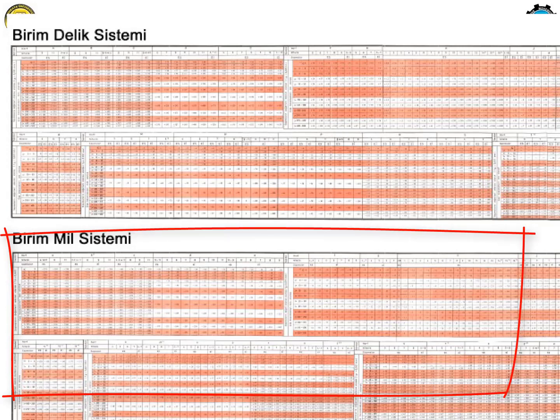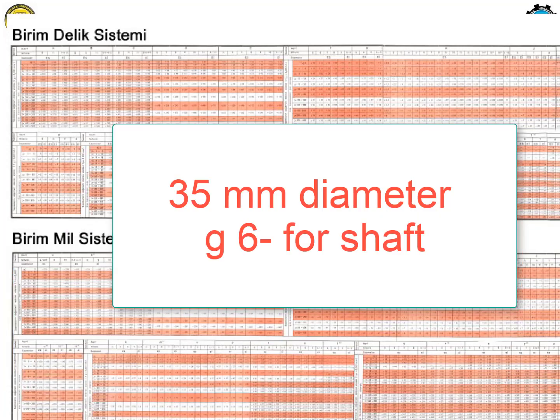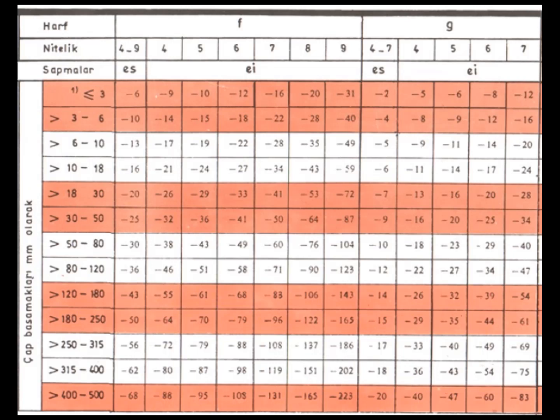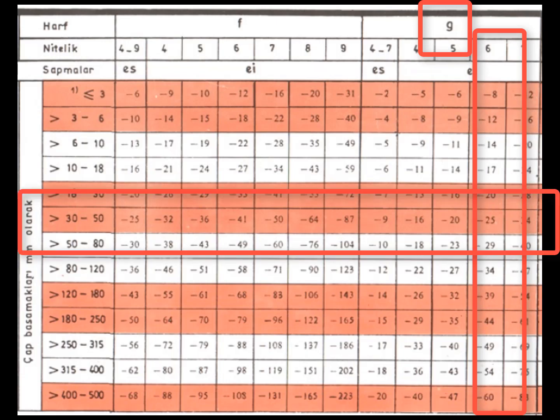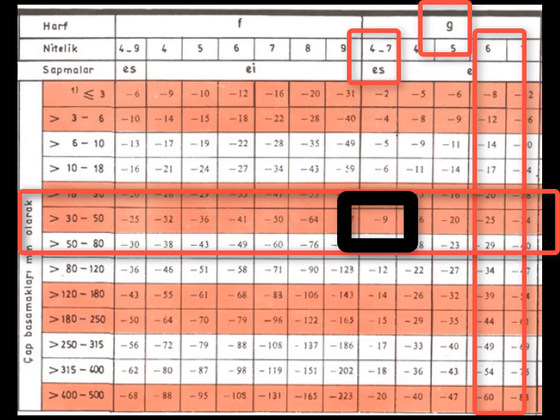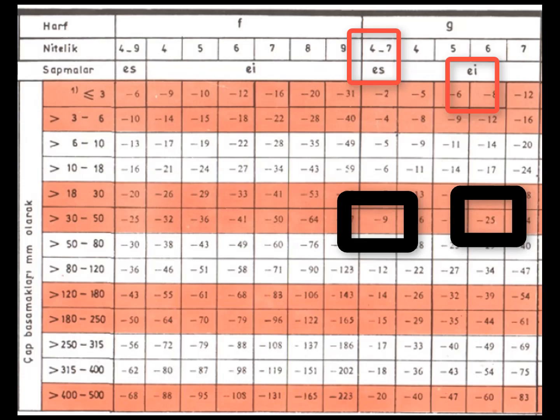Similarly, for the shaft dimensions, for 35 mm G6, we take the tolerance deviation G and IT grade 6, we combine this column with the 30 and 50 mm rows. From the table we find the maximum value ES minus 9 microns and minus 25 microns for the smallest dimension.